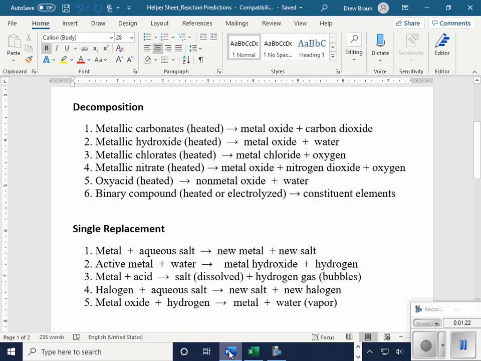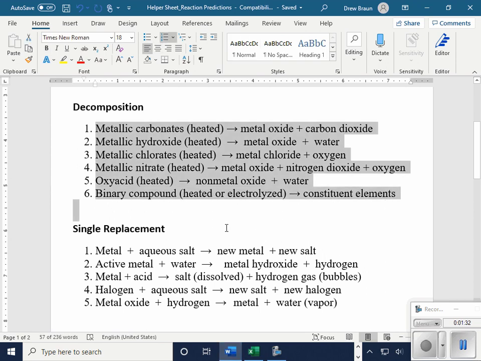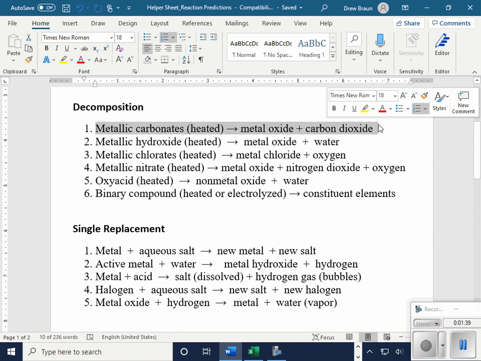Now, here are our six decomposition reactions right here, 1 through 6. As we look at these, there are specific things we need to be able to identify.